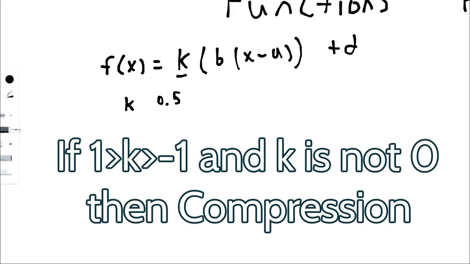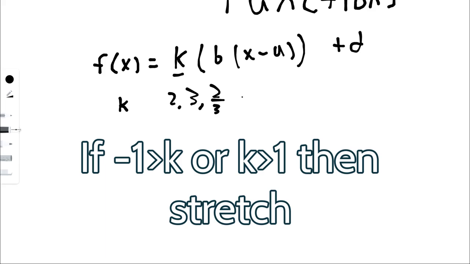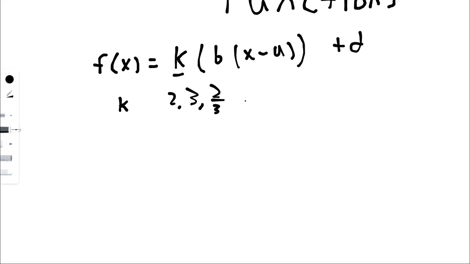But if the number is, let's say, 2 or 3 or 2 over 3, so basically any number above 1 or less than -1, then it will be a stretch. But if it's between -1 and 1, then it will be a compression.